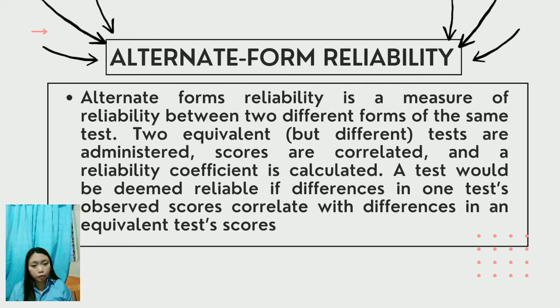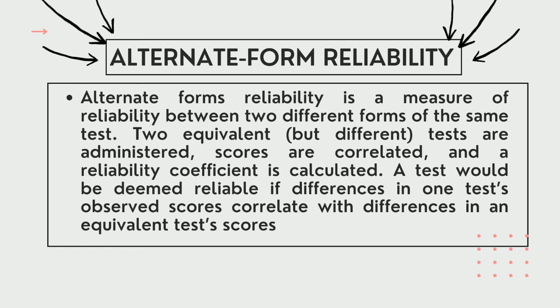The alternate forms reliability is a measure of reliability between two different forms of the same test. Two equivalent but different tests are administered, scores are correlated, and a reliability coefficient is calculated. A test would be deemed reliable if differences in one test correlate with differences in the equivalent test scores.